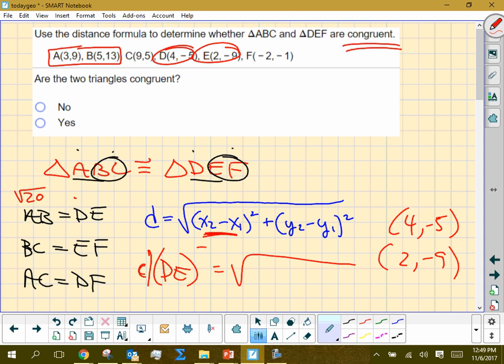What do you get when you subtract your x's? 2. Square that, 4. Subtract your y's. Now, be careful here, because you've got a negative minus a negative, right? If you know you're a person that struggles with it, write it down. -5 minus -9. What's that become? 4. Square that, you get 16. Add those together, I get radical 20 again, right?